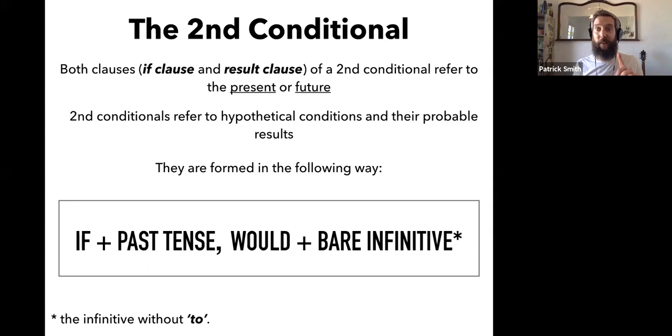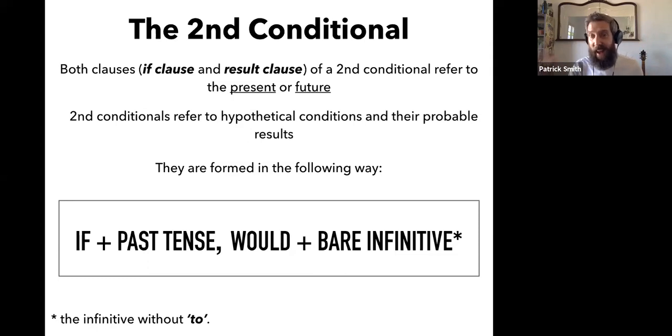Now there's one point that I want to make really clear right now, which is a bit confusing. You see if with the past tense, but it refers to the present. So this is absolutely correct, but it's a little bit confusing. So just be really careful.